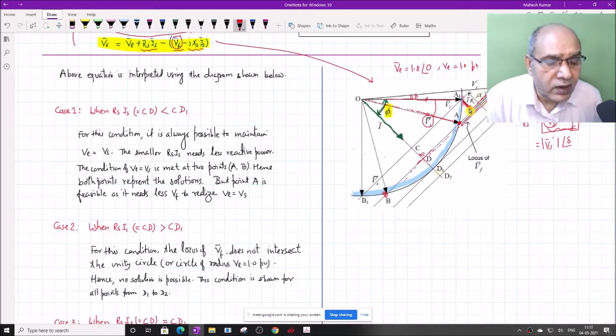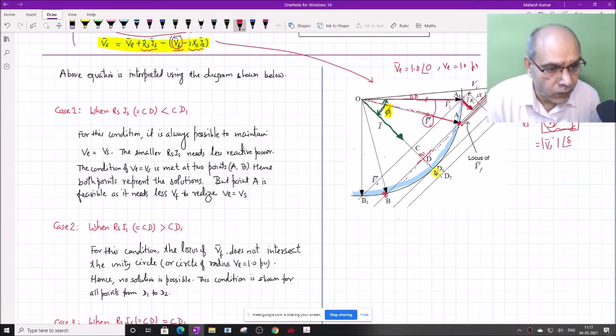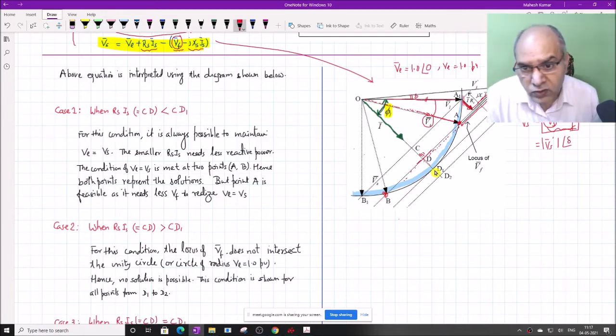So we compare the value of IS RS, the resistive feeder drop, with CD1, because the D1 point is the limiting point where the locus of BF intersects at only one point. So based on that, the three conditions have been considered.